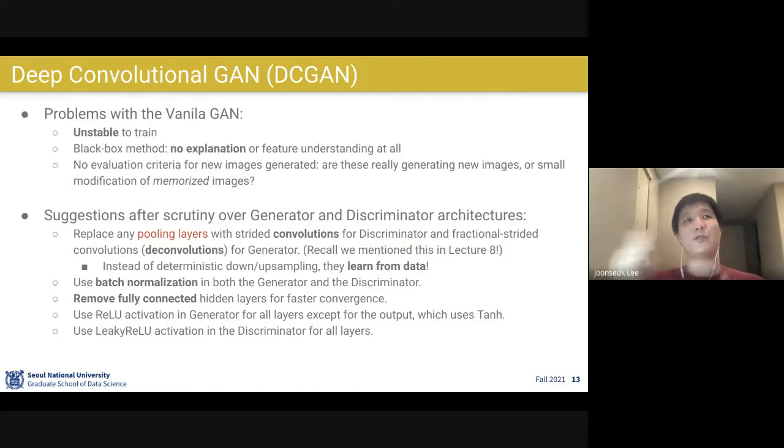They just fight each other, and the quality of each module is improved at the same time. So it looks like the loss is not decreasing very quickly, but still they are improving. So it's really hard to train them, and it's really unstable, especially at the beginning. And also, it's a black box method, so we are not able to explain why or how they actually generate those images.